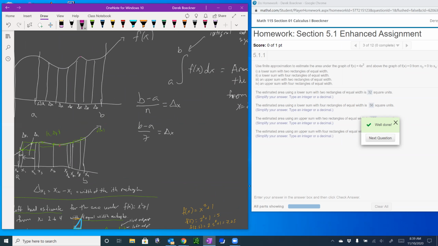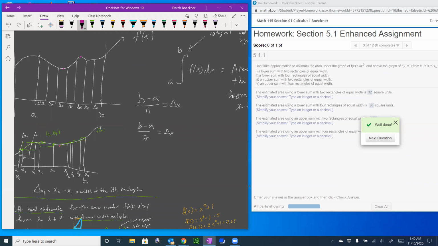The uppermost part of the curve is right there, which isn't on the endpoints. So if your local maxes or mins happen inside the interval, then your upper and lower rectangles aren't going to have endpoints as your values, but the book's going to give you monotonic functions so that you get endpoints. But be aware that it could happen.